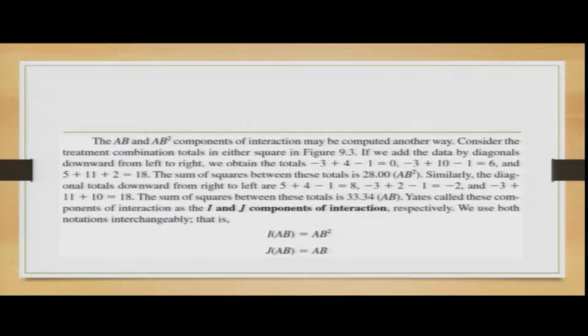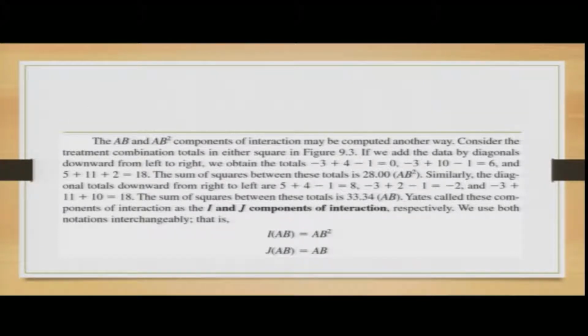The A B and A B square components of interaction may be computed another way. Consider the treatment combination totals in each square in figure 9.3. If we add the data along the diagonals downwards from left to right, we obtain the totals given as 6, so you are trying to find out the total, and 18. The sum of the squares between the totals is given as 28.00.